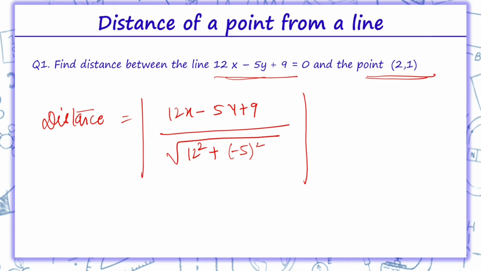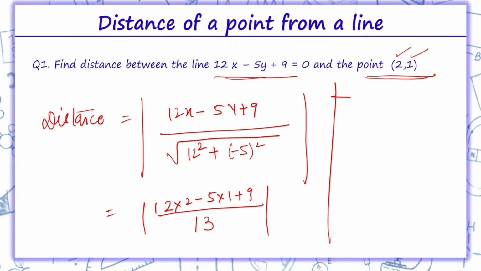Putting x as 2 and y as 1, we'll get 12 into 2 minus 5 into 1 plus 9, divided by the square root of 144 plus 25. Thus 144 plus 25 gives 169, and the square root of 169 is 13.